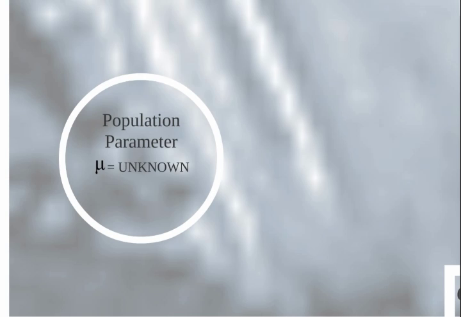So that is unknown. And so we have our distribution here, the shape of the distribution, we have our mean, we have our standard deviation. So this represents what the population parameter could be or probably is. However, we don't know the specific numbers of this parameter.